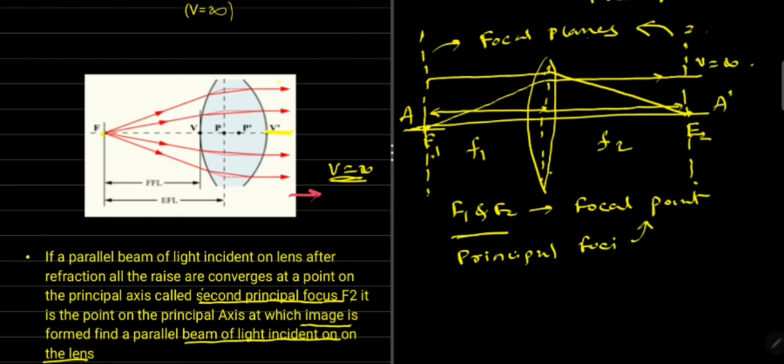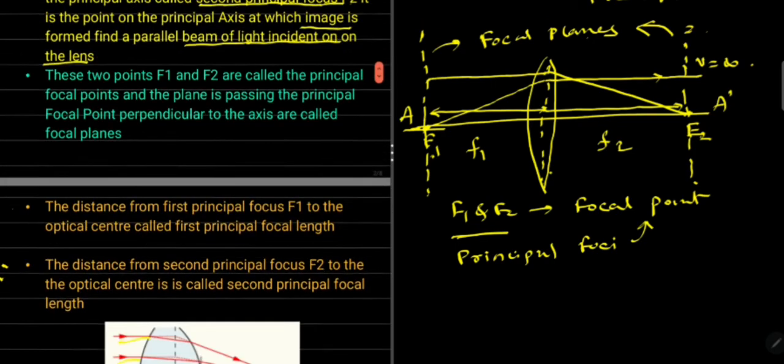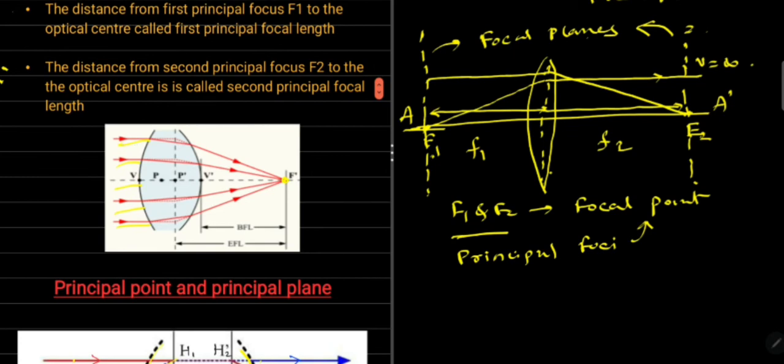Say this is a point on the principal axis, this is the incident point, and the incident rays are incident on the first surface and refracted parallel to the principal axis, and here the image is at infinity. Similarly, the incident rays parallel to the principal axis are incident on the first surface, refracted through the second surface, and all the rays converge at a single point, which is called F2.